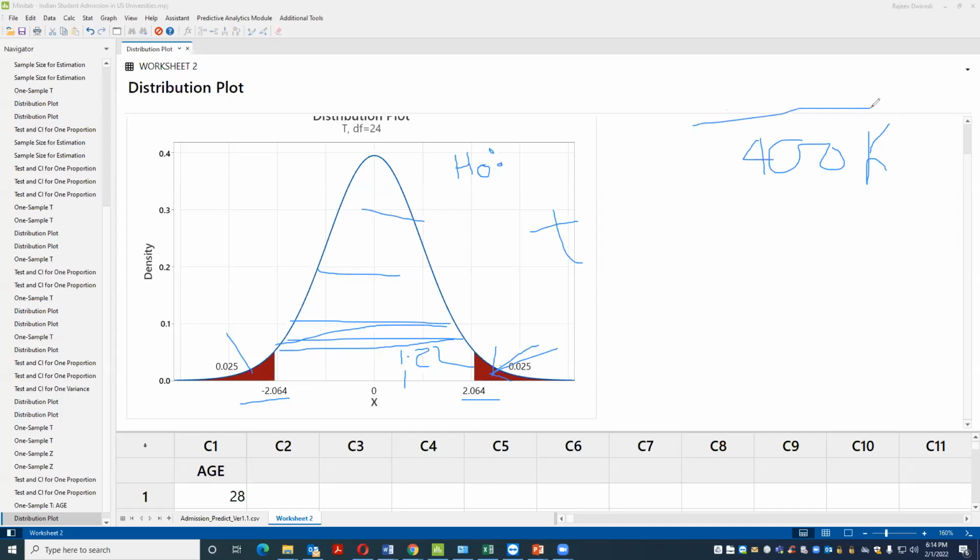Then we decided, okay, this is going to be our benchmark value, and we are going to test against 400K. Let's collect data on 40 or 50 houses, run the test at 90% or 95%, and we can check and decide what is correct: it is 400K, less than 400K, or more than 400K.